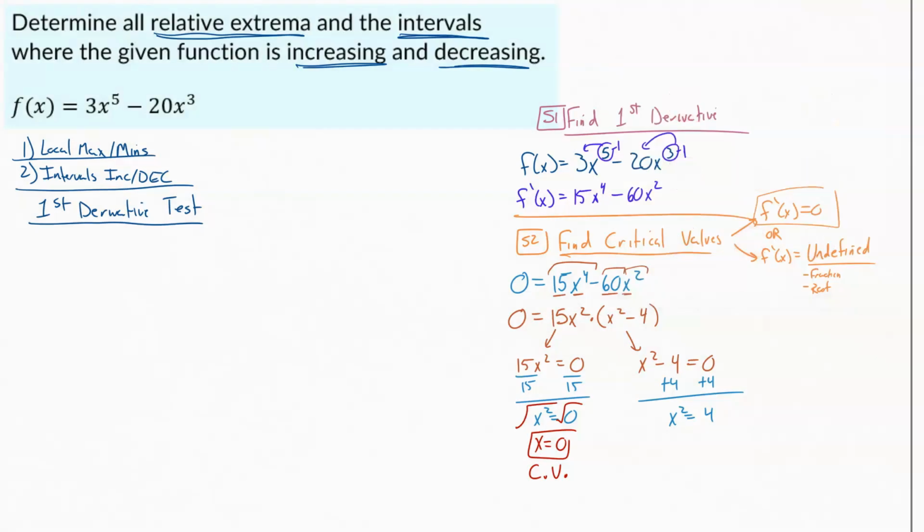We square root both sides of this. Remember that when you put in a square root, it's plus or minus that value. So this would be x equals plus or minus 2. So we have 2 critical values out of there. We have x equals negative 2, and x equals positive 2. Both of those are critical values. So step 2 complete.